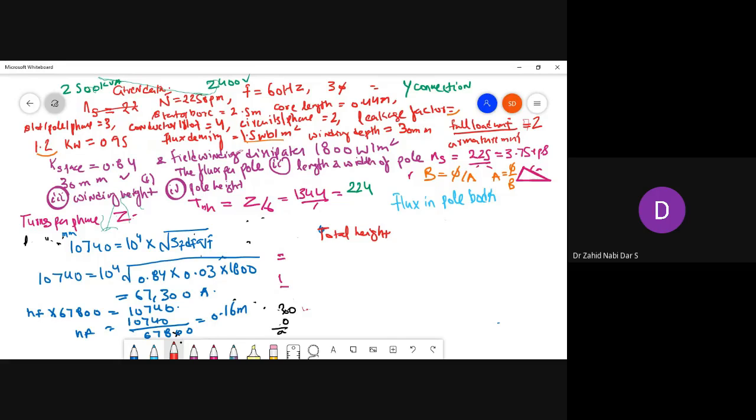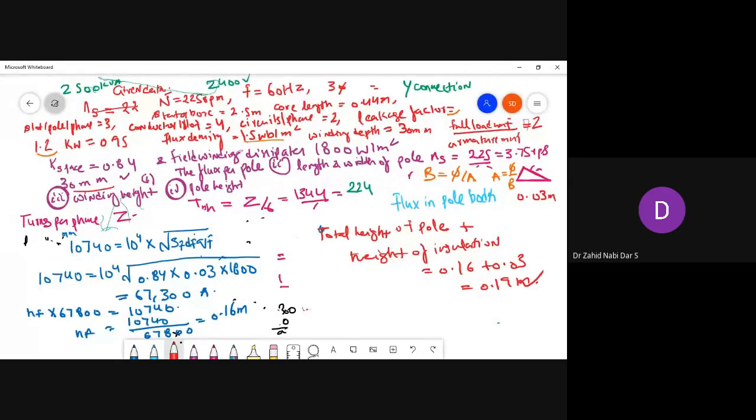So insulation, there he has told 30 mm. So 30 mm is in terms of 0.03 meter. So the total height of the winding would be height of pole plus height of insulation. This height you have calculated is 0.16 and the other height is 0.03. So the total height of the winding would be 0.19 meter.